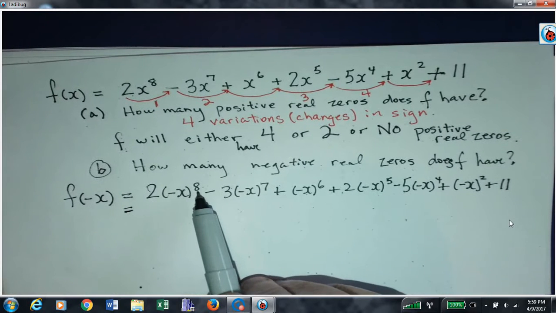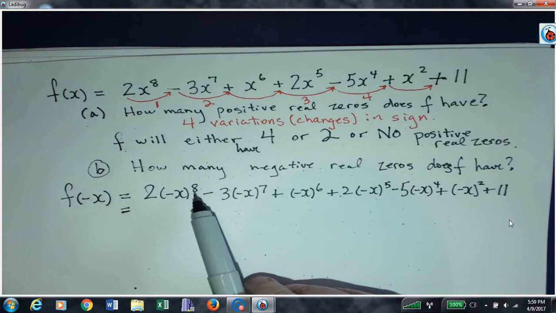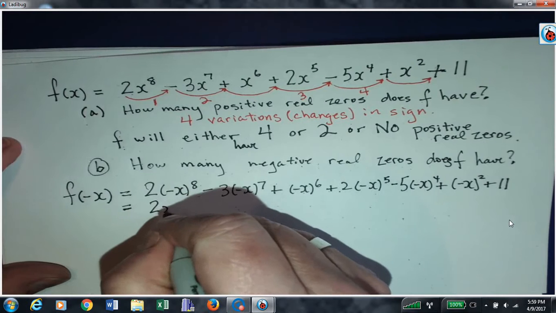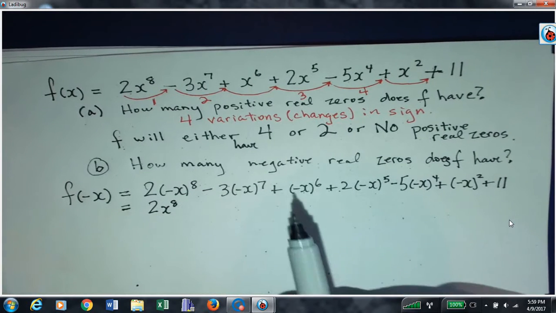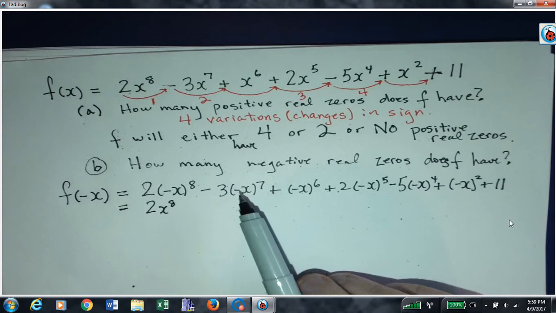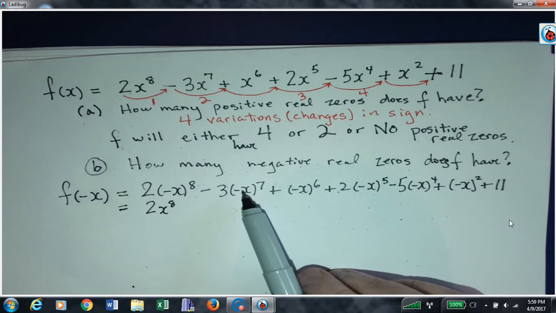Now, the exponent, the power is even. What happens to the negative sign if the power is even? It goes away. The power here is odd. What happens to this negative sign inside the parentheses if the exponent is odd? We keep it.